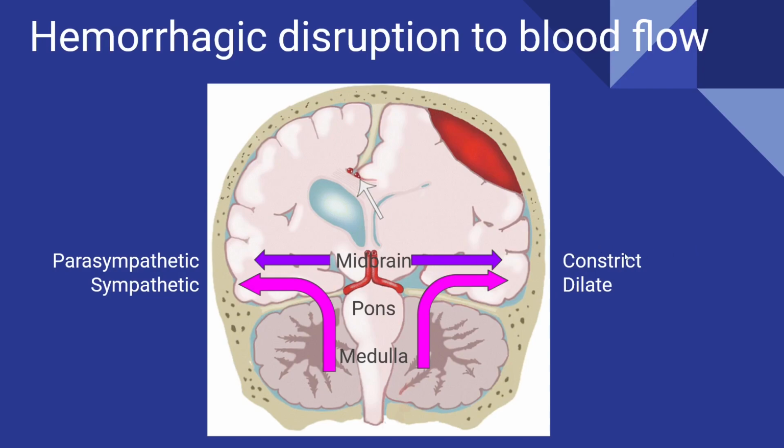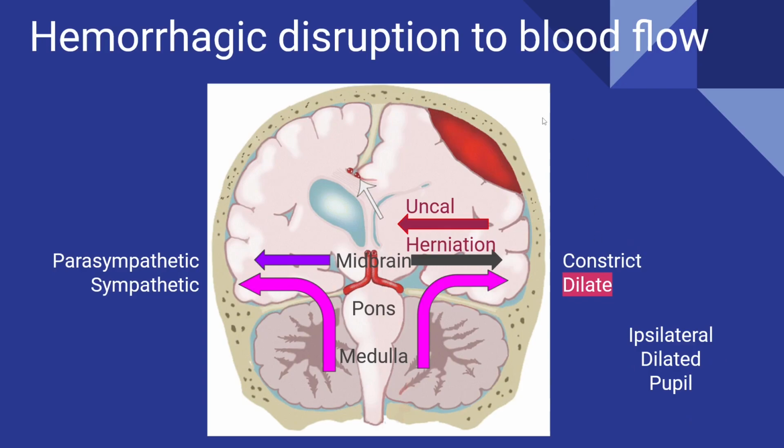We've cut off the constriction. So now all we have left is dilation. And so when this pushes the brain inward, it's known as an uncal herniation. It's a lateral compression of the brain that causes dilation of the pupil. Ipsilateral is one side.